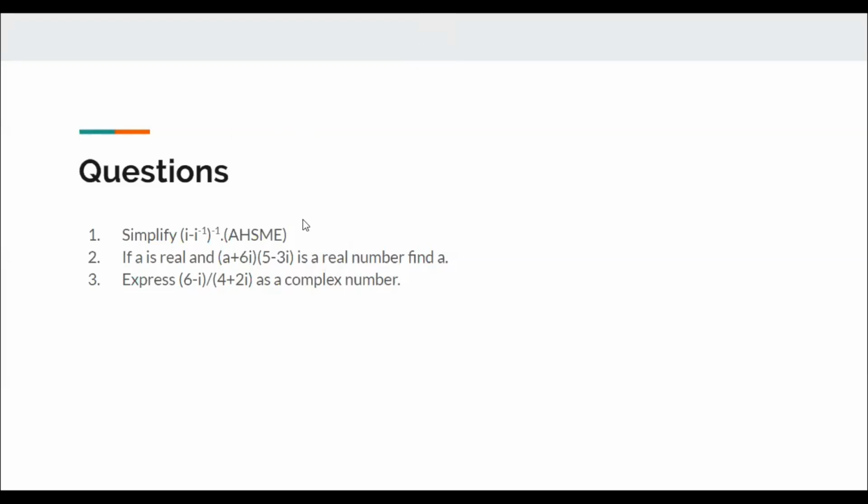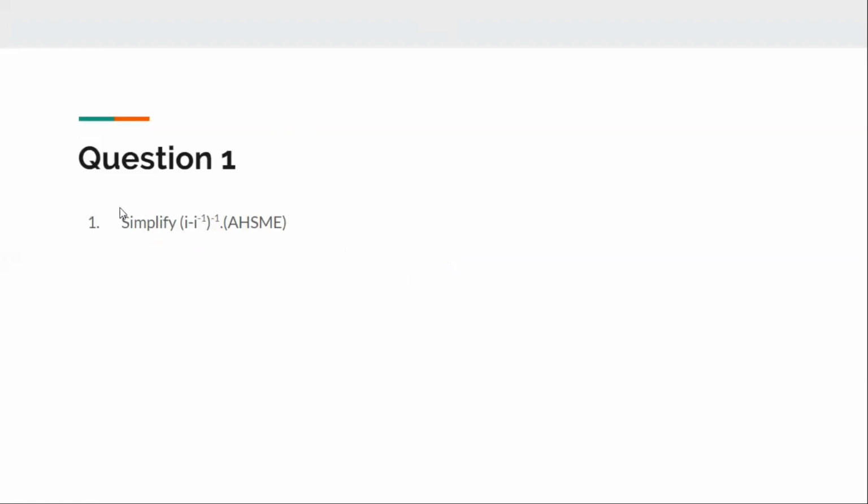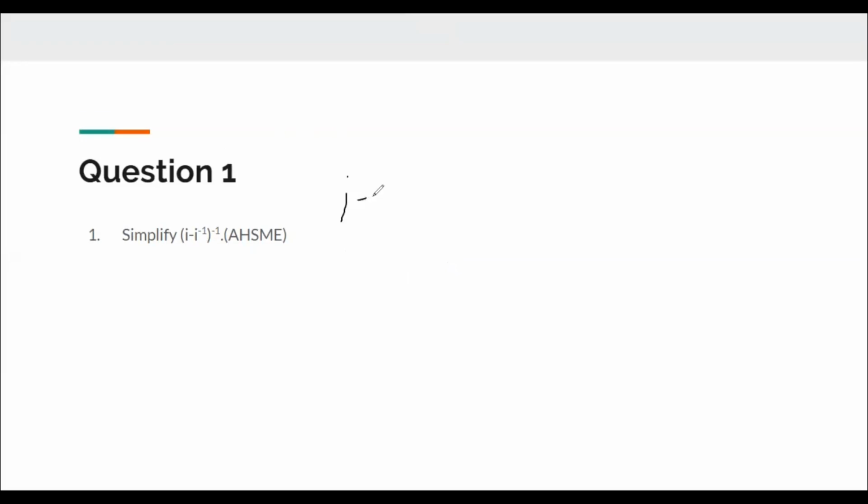All right, let's discuss them. First question says, simplify i minus i to the power negative 1, all to the power negative 1. This is from ASME, which was the previous version of AMC 10/12. So first we write i minus i to the negative 1, which is just 1 over i.